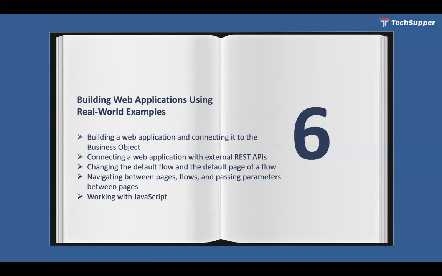We will look at how to connect your VB web application using external REST APIs to populate external data onto your table, how to change the default flow and default page of a flow, how to navigate between pages and flows, and how to pass parameters between pages, meaning how to pass one value from one page to another, and how to work with JavaScript.